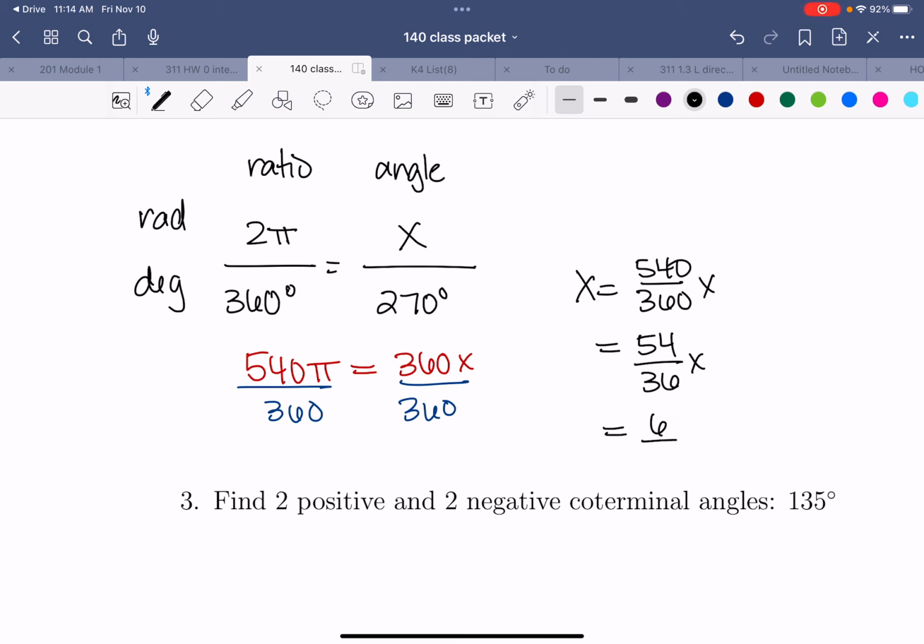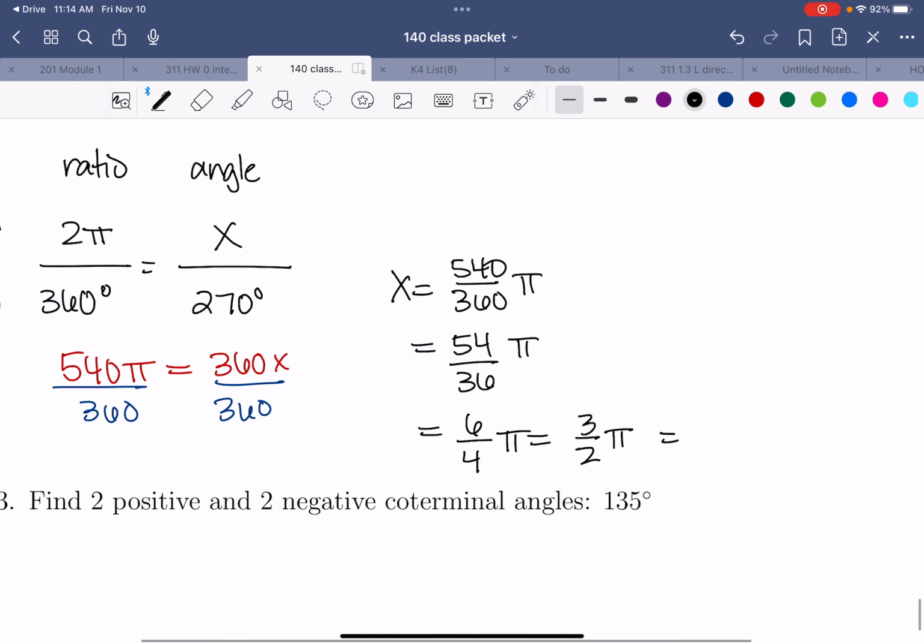If you take 9 out of the bottom, that becomes a 4, right? Reducing by 9s. And then reduce one more time by 2s, and that's going to give you 3 over 2. Sorry, not x, but pi. So it's 3 pi over 2, or 3/2 pi. 3 pi over 2. Either form is totally fine.